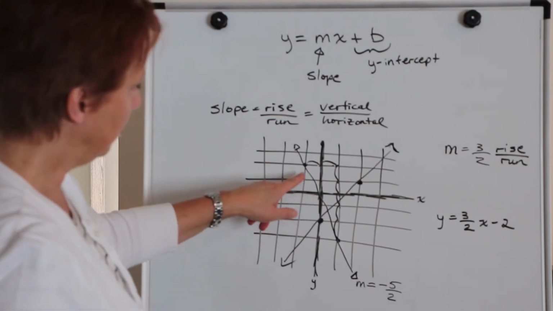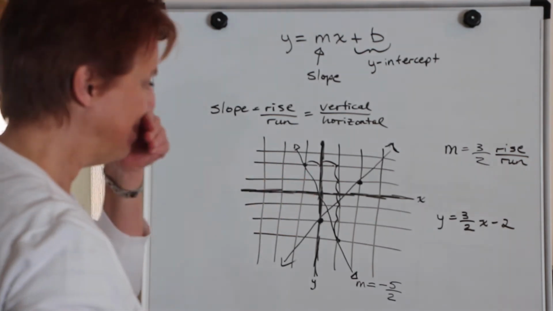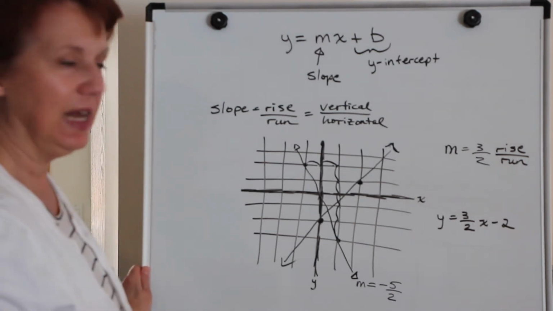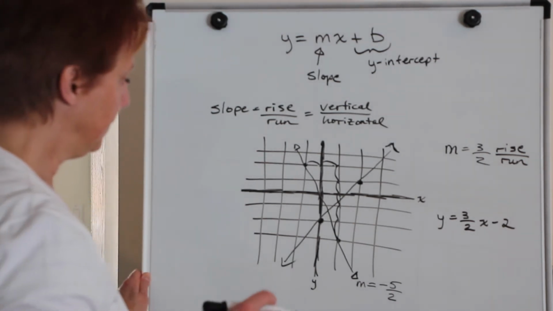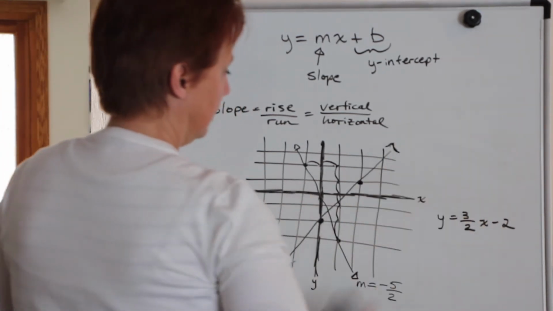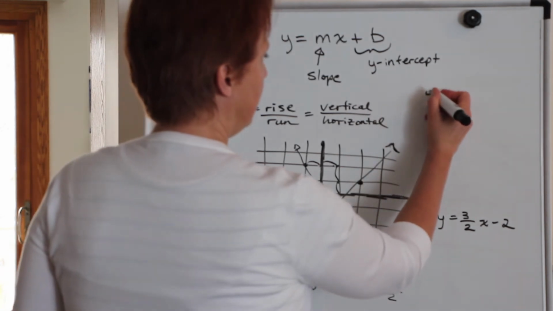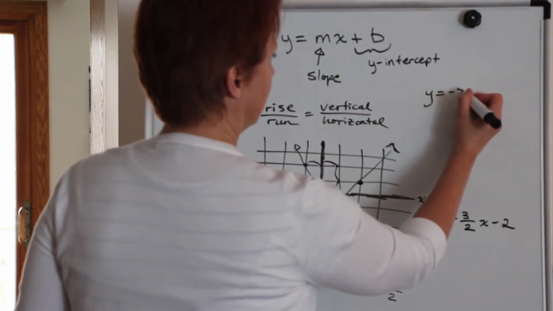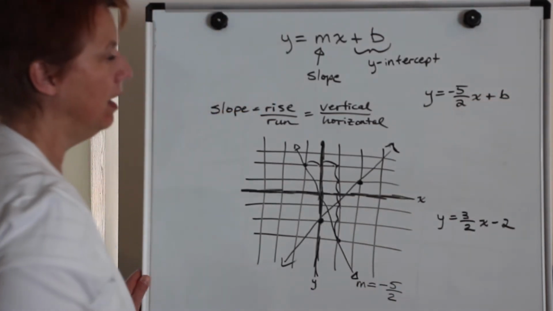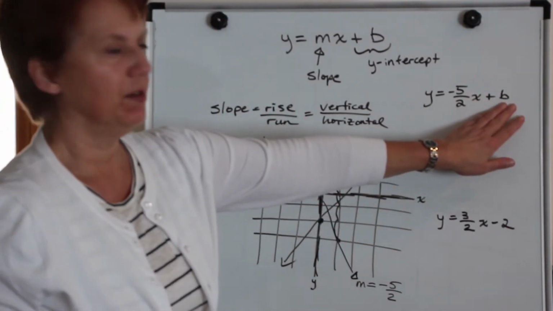And I can't tell what the y-intercept is here because it's a very crudely drawn graph, but we can actually solve for that y-intercept. So let's do that up here. How do we do it? Well, we're going to make our equation as far as we know it to this point. Right now our y-intercept is unknown.